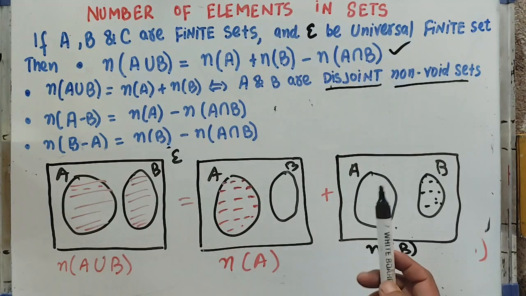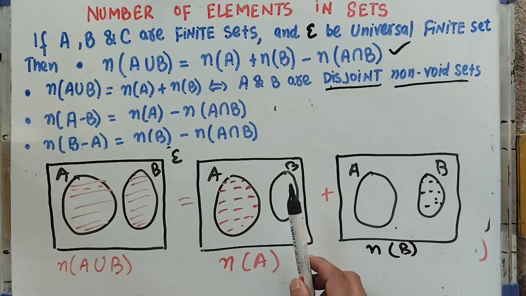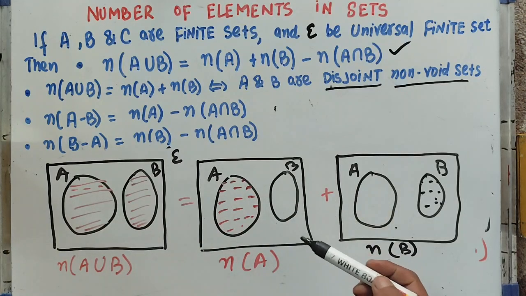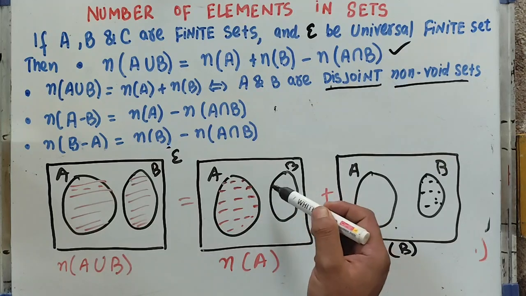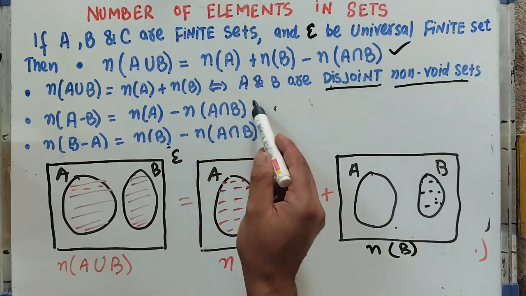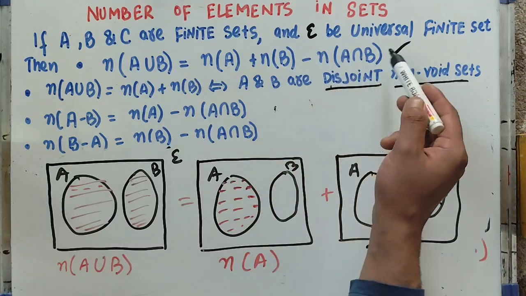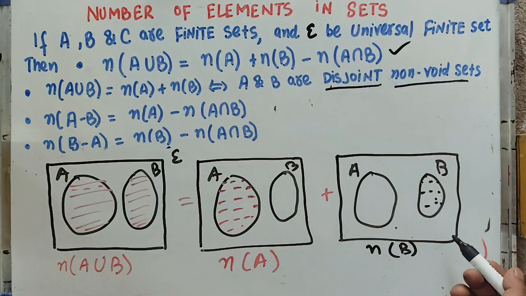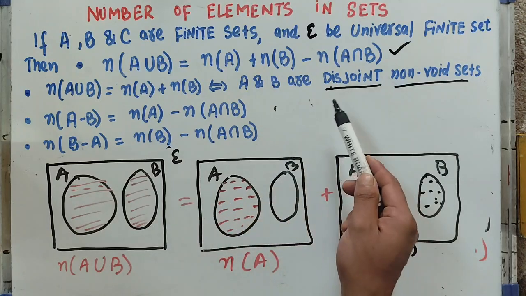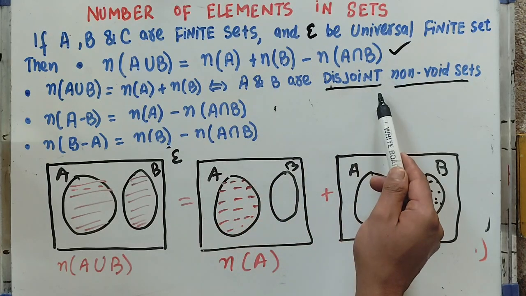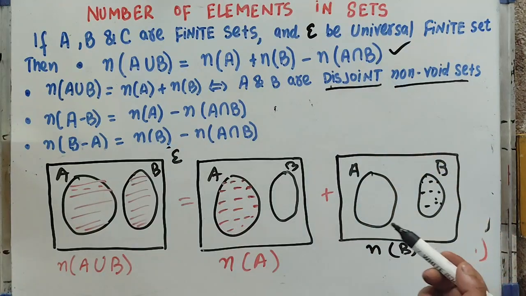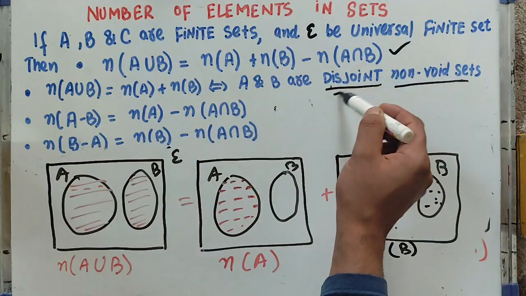When this happens, we say the sets are disjoint, they have no element in common. Earlier we had some region common between two sets, this intersecting region. Since there is no common region, we can say they are disjoint, meaning they have no element in common, and non-void, they have elements in them.